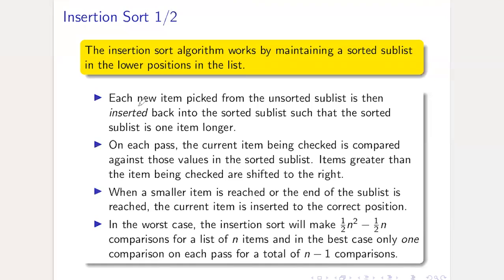You can start with a single item, which is sorted because it's a one item list. Then you add one more item and sort this. Essentially, you make the smaller one go to the left and the bigger one remain on the right side, and then you take the next item and again you do this. One by one you make sure the lower part of the list is sorted.